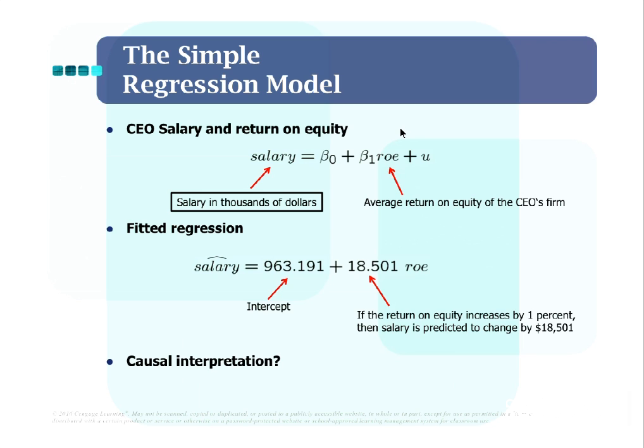So we postulate that the CEO's salary and the ROE of that firm have a linear relationship, which can be represented by a linear function. Moreover, we postulate that this beta 1 parameter is greater than 0, because the higher the ROE, the better the performance and the better for the company.